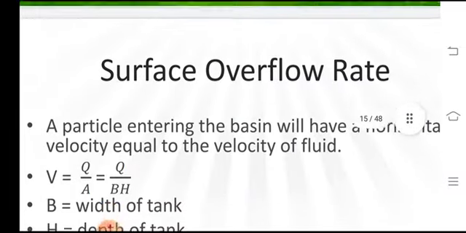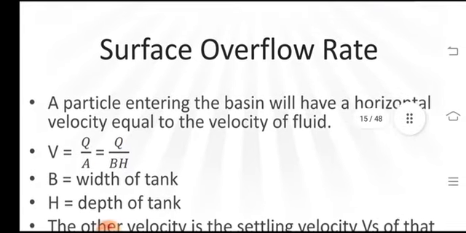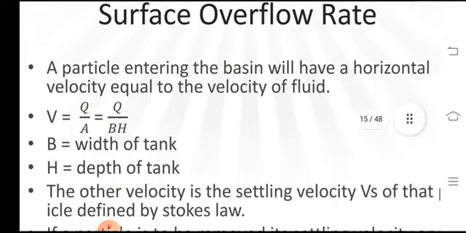Then we have another term which is called surface overflow rate. While we talk about the particles entering the basin, each will have a horizontal velocity which will be equal to the velocity of the fluid, because that particle is moving along the fluid. So that velocity will be explained in terms of Q, which is discharge, divided by the area.